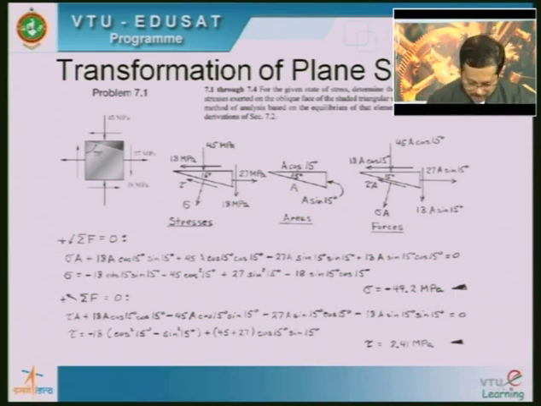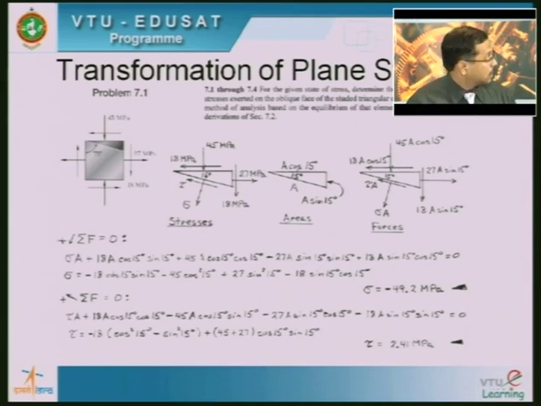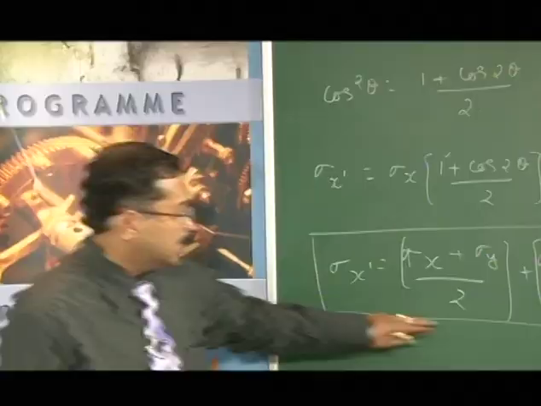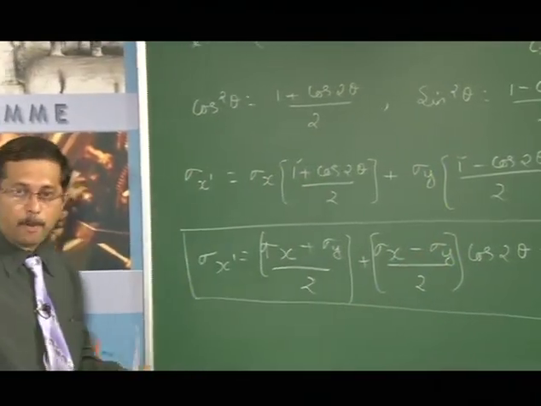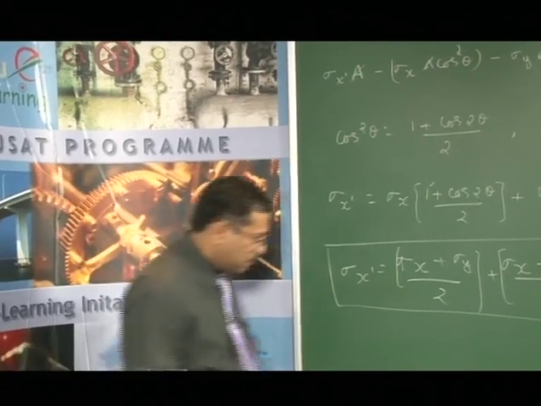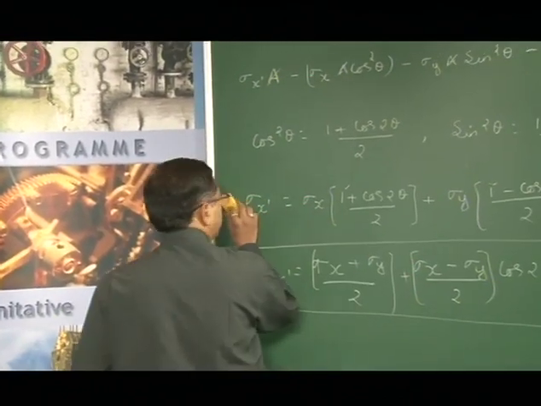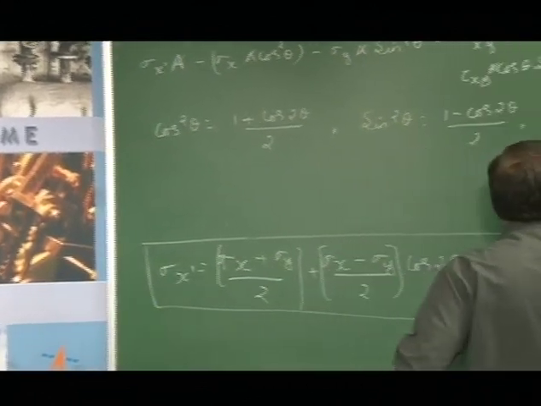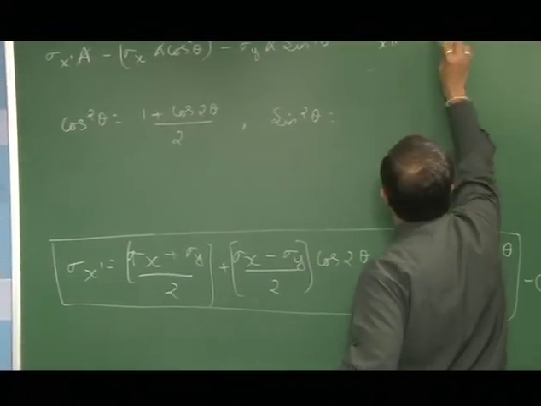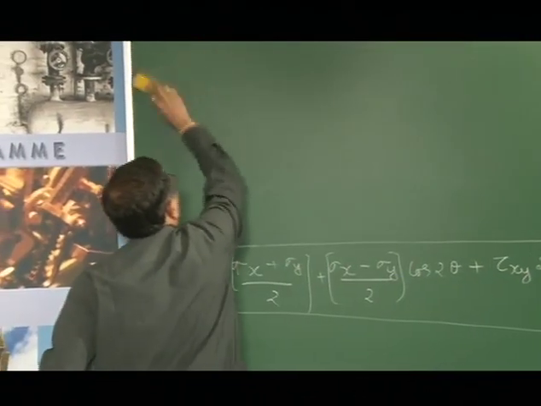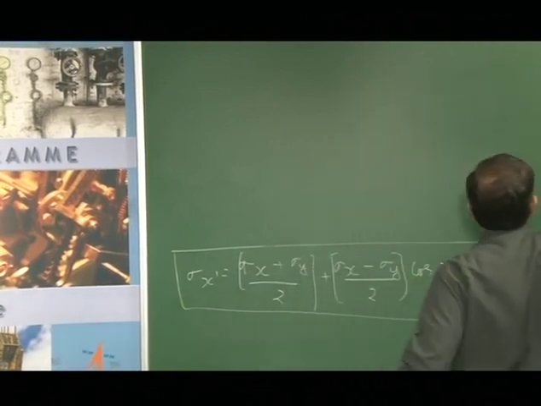So, using that equation, if we solve this problem, let us see whether we get the same answer or not. Now, for that I will use the blackboard. So, this is the normal equation that we have derived, which is on the board. So, we will use this equation and see whether we would get the same answer when we use the formula.